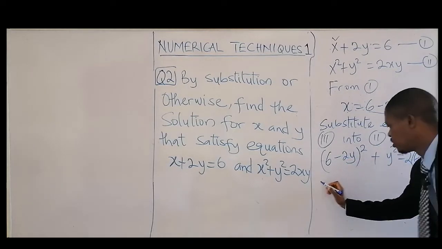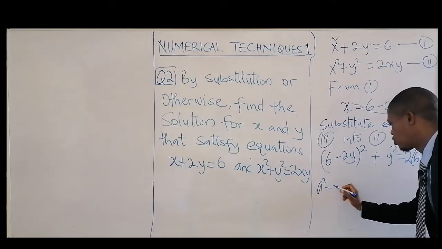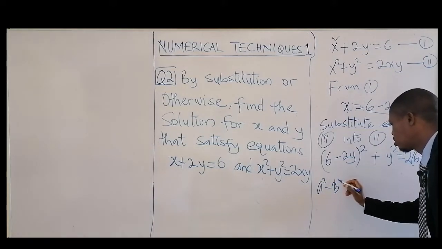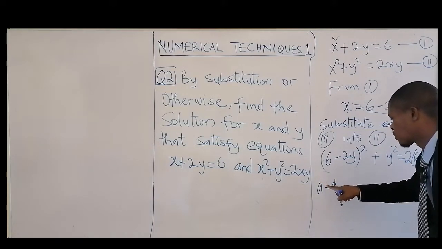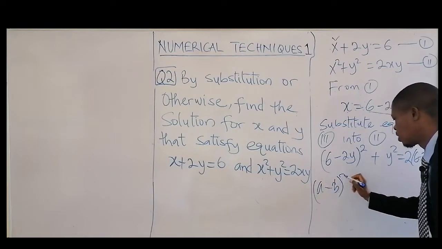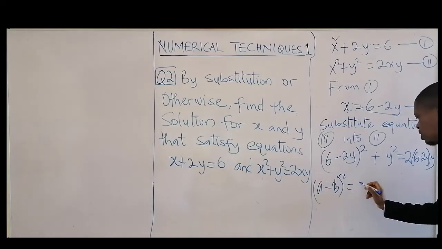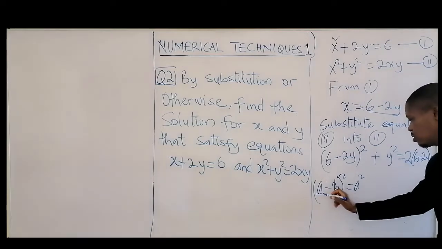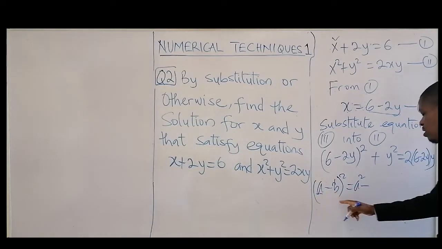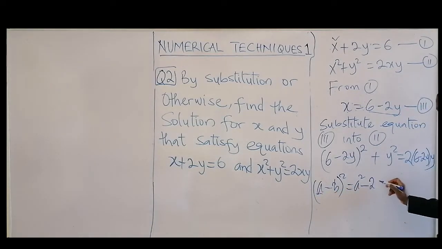If you expand this using (a minus b) all squared, that will give us a squared, the first one, then minus 2ab, then plus the last one, b squared. So use that.